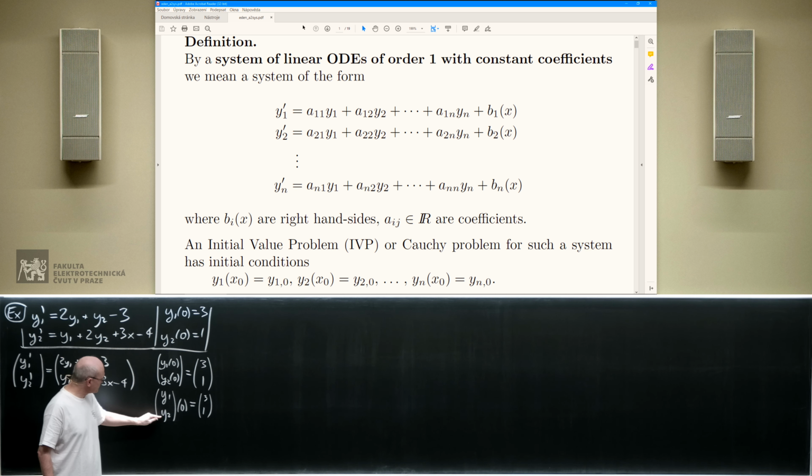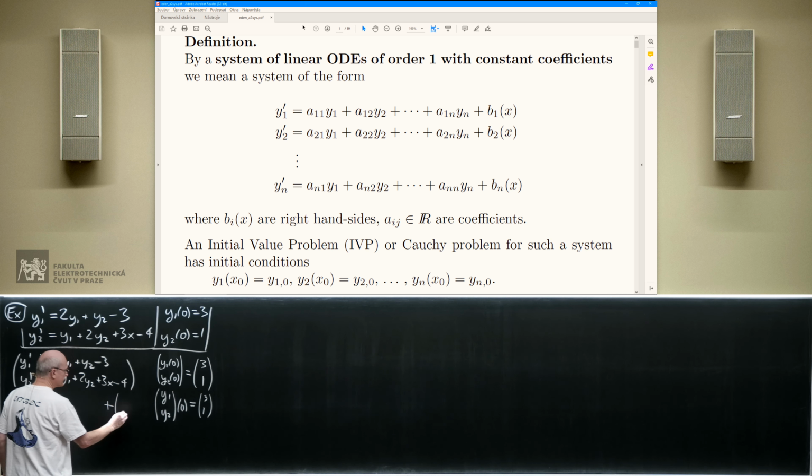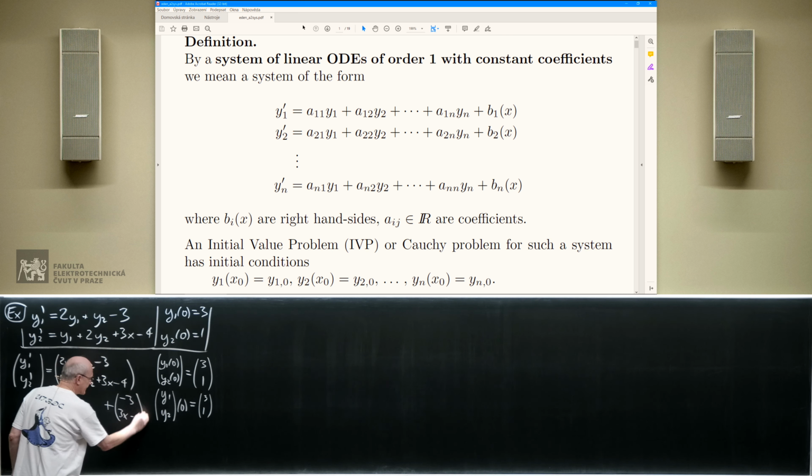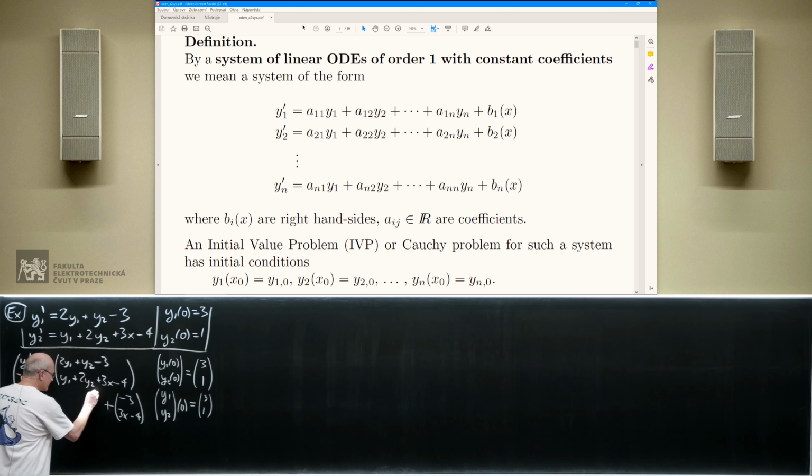So I split it as a summation of two vectors. One of them has entries -3, 3x minus 4, and this is again a vector function because the entries are functions. Over here, I have something interesting. When I ignore this part, I have just linear combinations of y's, and this can be written, and again we recall from linear algebra, as a multiplication of a vector y1, y2, and a matrix which has entries 2, 1, 1, 2.